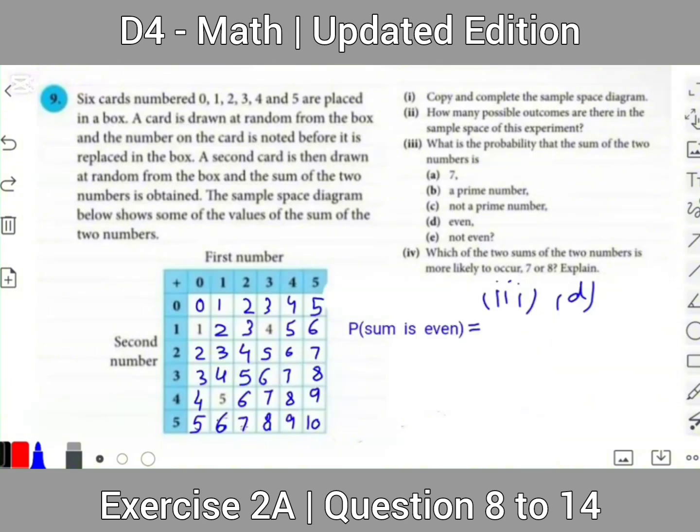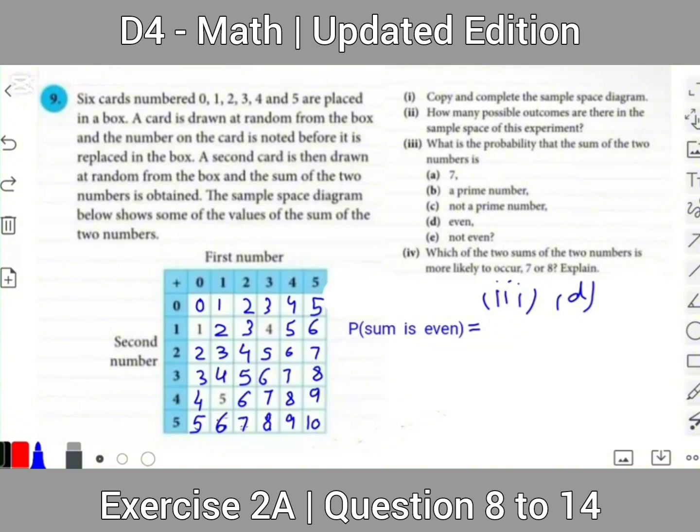Now in part D, we have to find out the probability that the sum of the two numbers is even. So we have to find the sums in the sample space diagram which are even. So here we have 2, 4, 6, 8, and 10. Now we have to count the even sums.